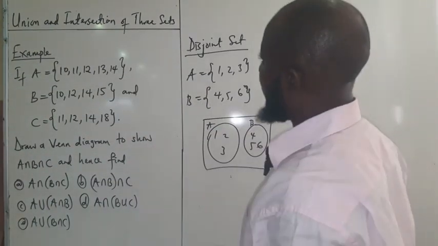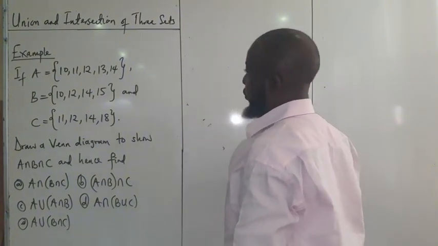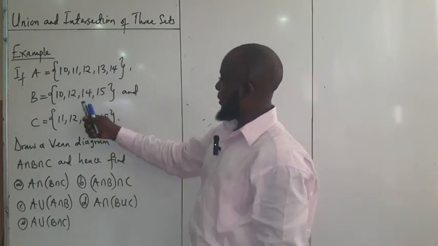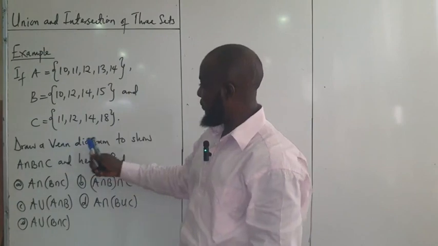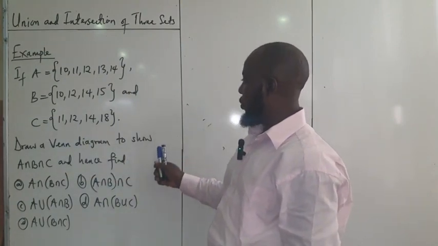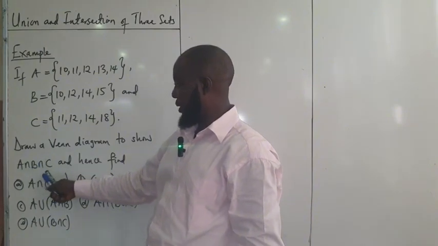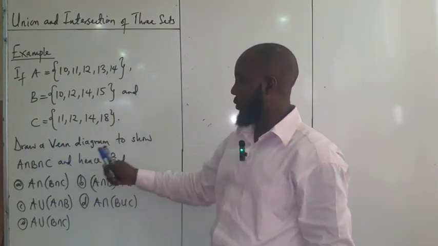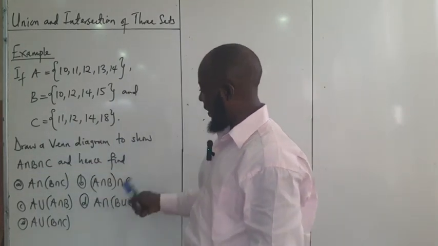Today we want to look at union and intersection of three sets. We are given these three sets: set A equals this, B is this, and C is this. The question asks us to draw a Venn diagram to show A intersection B intersection C, and A intersection B, and hence find the following.